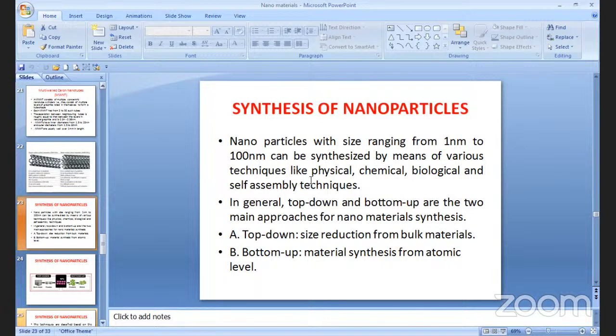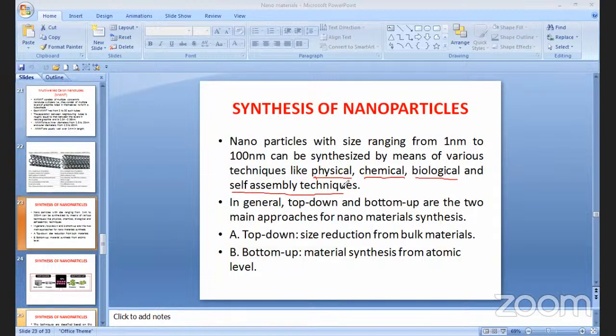We have physical methods, chemical methods, as well as biological methods, and we have self-assembly techniques. So these are the different techniques we have.